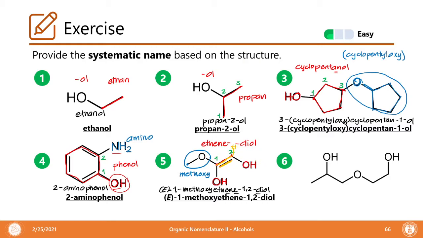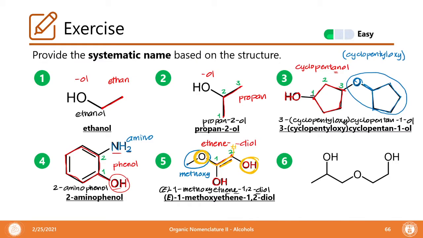Oxygen has a higher atomic number, so this will be the priority of this side of this carbon. On the other side, we have 2 oxygens, but this oxygen is connected to another carbon, so this set has a higher atomic number than this hydrogen, so this is the higher priority.